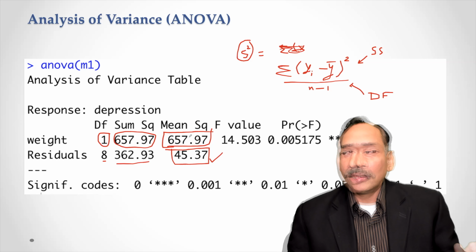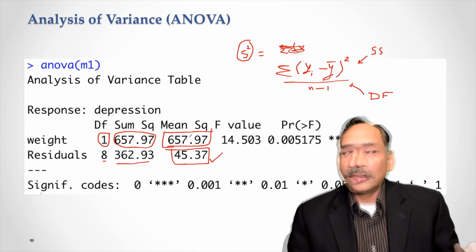What are we testing? We are testing if beta 1 is 0 or not. If this slope is different from 0, it means it is statistically significant, and we do reject the null hypothesis. So that means this is not true.